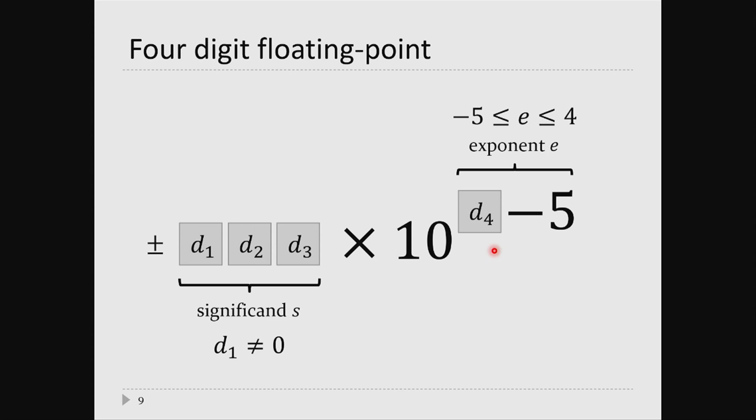And then I subtract 5 from that. The reason I'm subtracting 5 is so that I can get negative exponent values as well as positive exponent values, without having to also store the sign of the exponent. Notice here I'm storing the sign of the significand. On your computer, that actually costs you 1 bit, so that takes up one of the digits that you're using to represent the number.